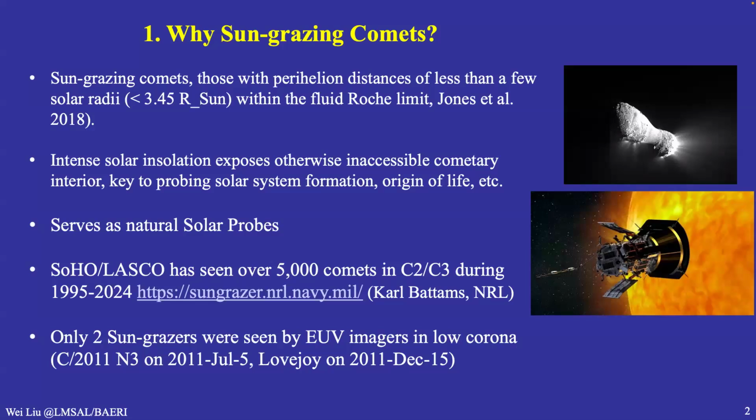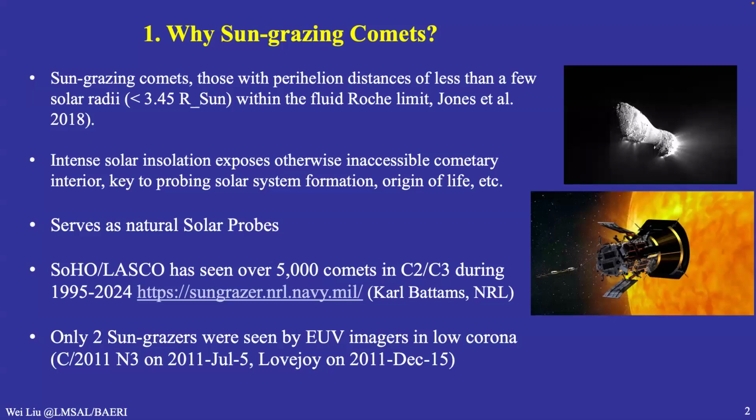One is for comet science, because the close encounter with the sun can expose their otherwise inaccessible interior, which can provide clues to their composition and structure. Comets are basically the remnants of our early solar system, so that can provide a lot of clues for solar system formation and also the origin of life.